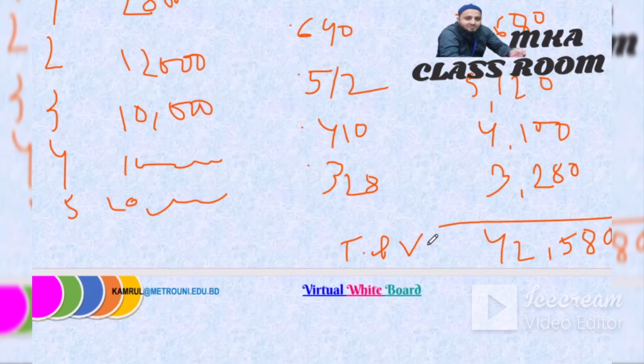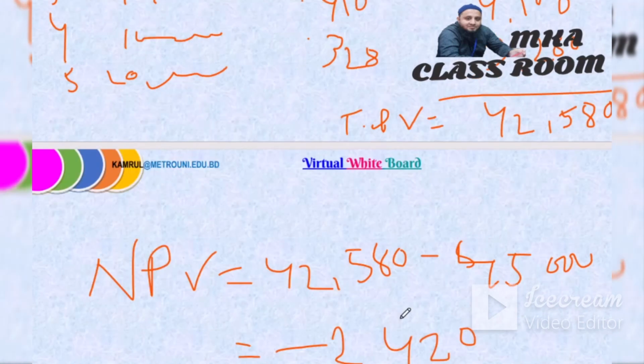So if we see the NPV, it shows a negative NPV of 2,420: 42,580 minus 45,000.